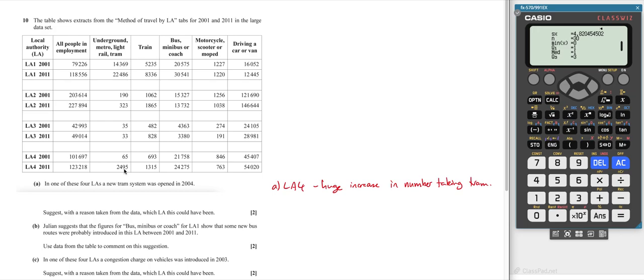Julian suggests that figures for bus, minibus or coach for local authority 1 show that some new bus routes were probably introduced in this local authority between 2001 and 2011. Use data from the table to comment on this suggestion. Well, LA1 has about a 50% increase in bus use.